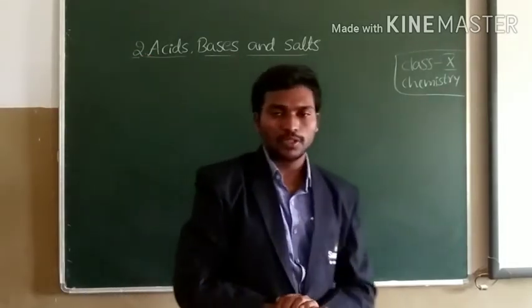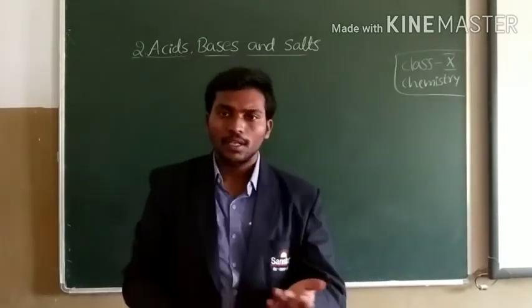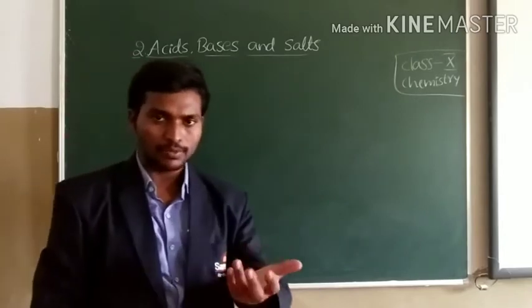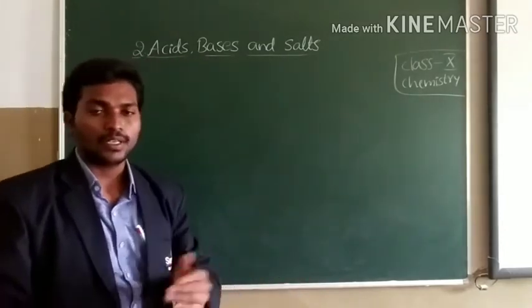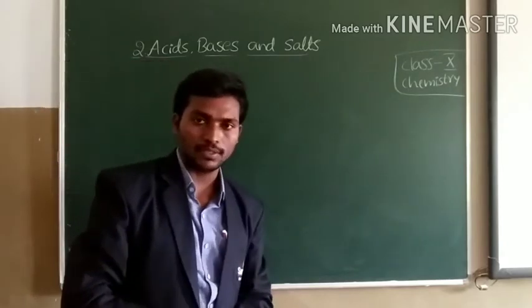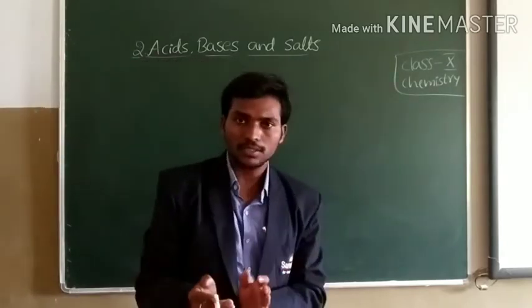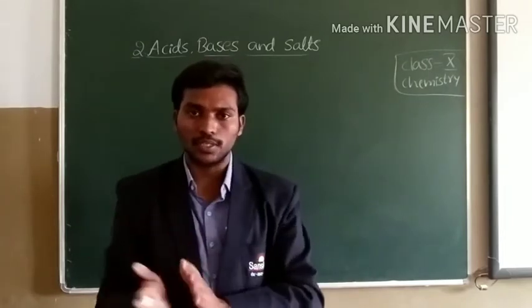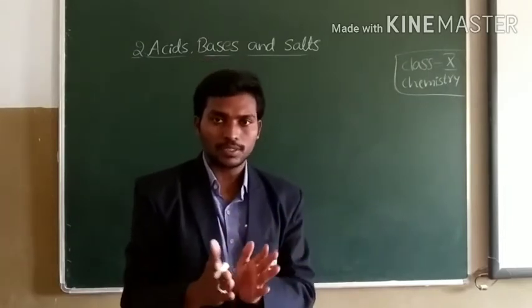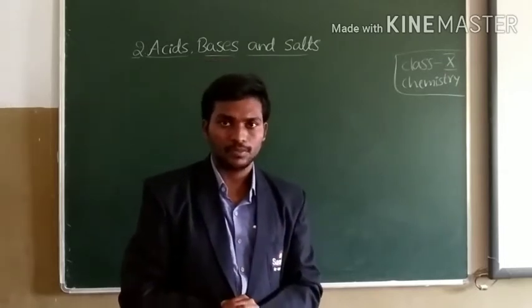Let us start today's session, children. In previous classes, we have learned the definitions of acids and bases. Substances which are sour to taste and turn blue litmus to red are called acids.